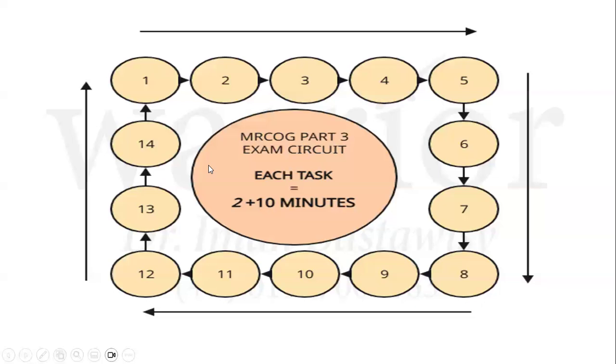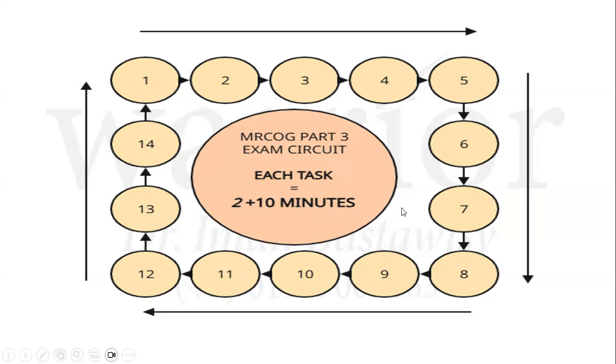Each station will be 12 minutes: 2 minutes outside the cubicle and 10 minutes inside the cubicle. You will be provided with a pencil and a few blank sheets of paper to use during your exam. They are precious, and we're going to talk about them in a moment.